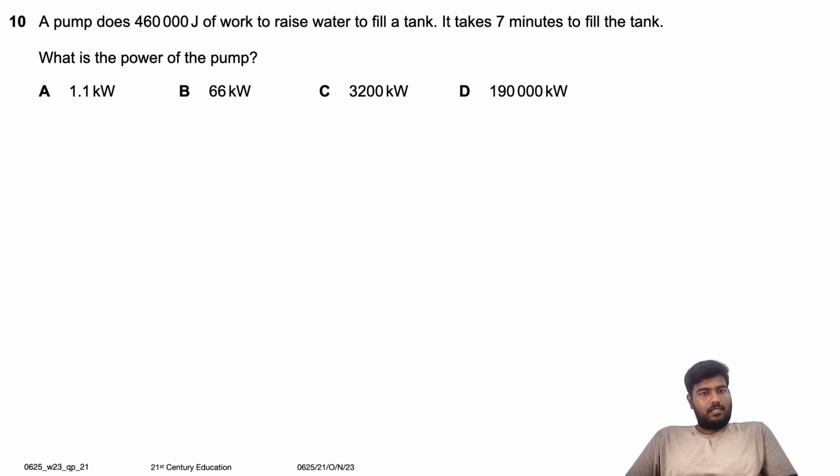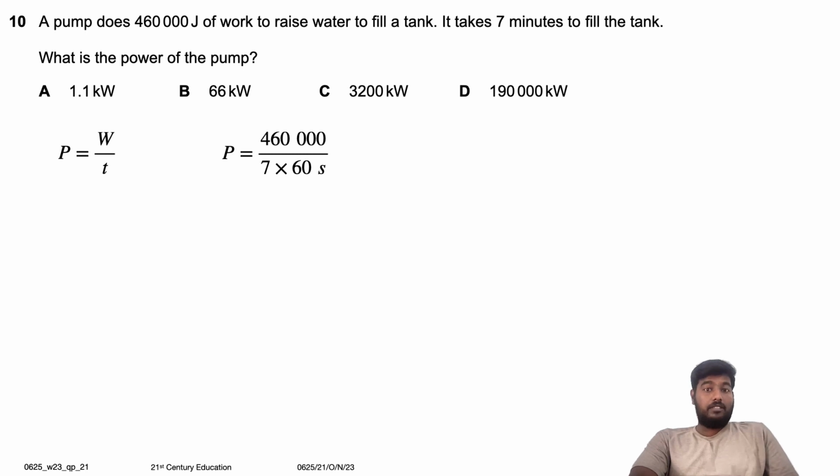A pump does 460 kilojoules of work to raise water to fill a tank. It takes 7 minutes to fill the tank. What is the power of the pump? Okay, simple question. We know that power is work done divided by time. So work done is 460 kilojoules, and time is 7 minutes.